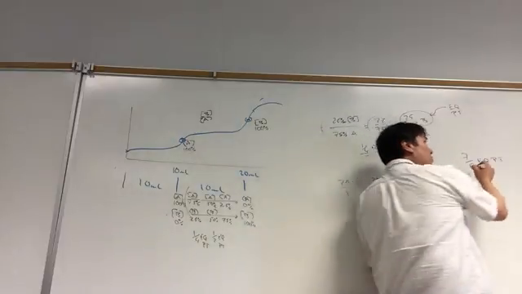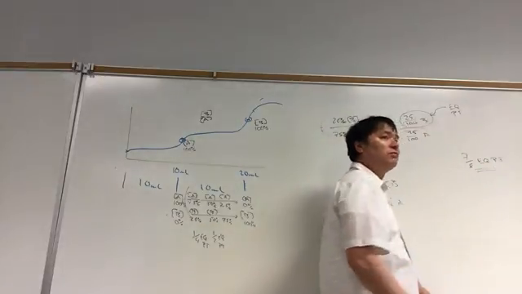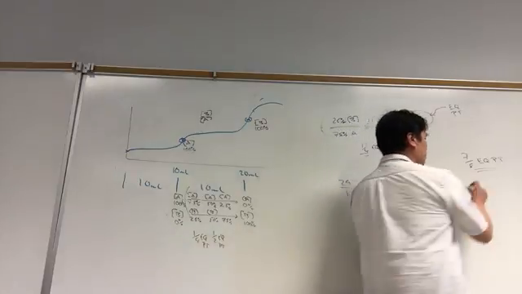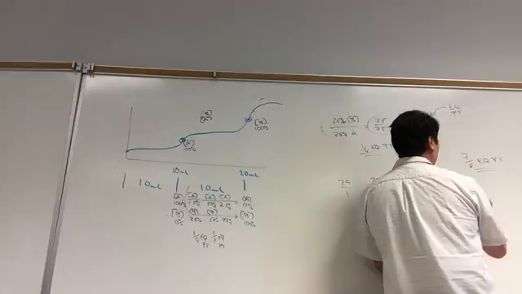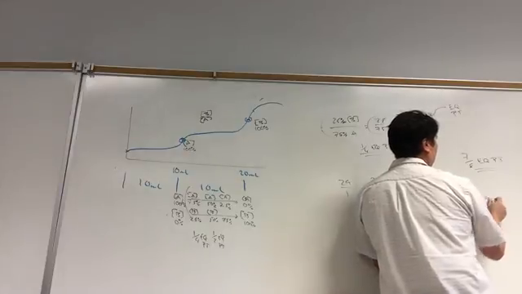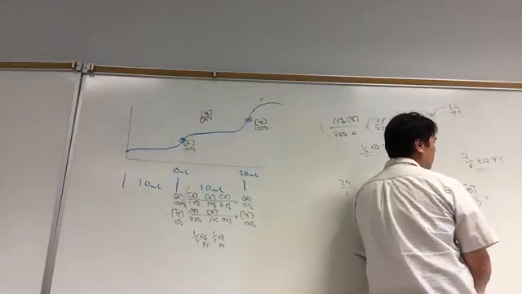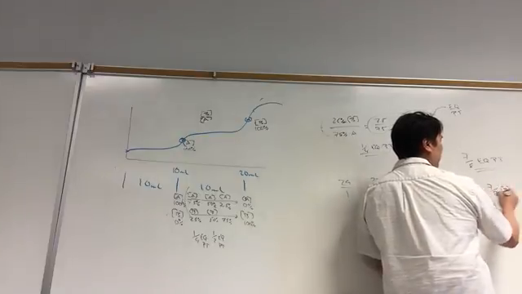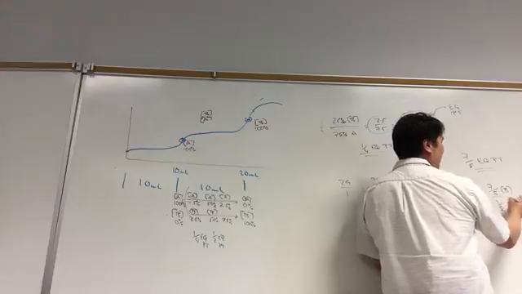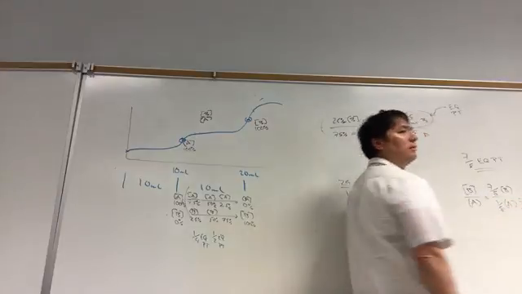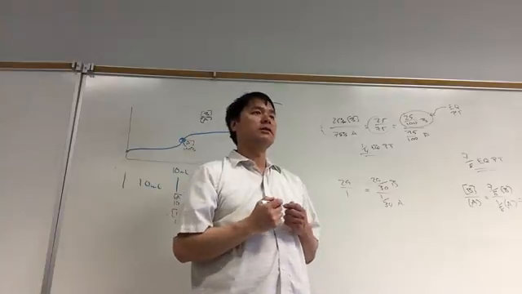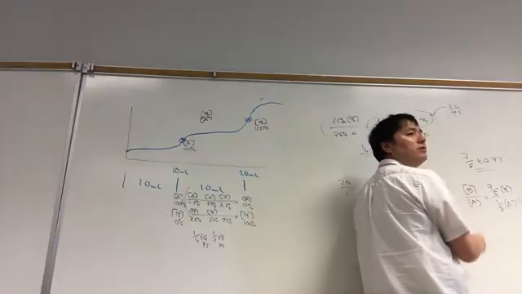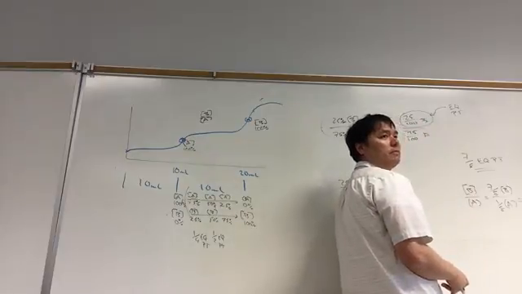If I'm at the 7/8 equivalence point, what is the ratio of base to acid? 7/8 is the ratio for the base, and 1/8 is the acid, and so this gives me a 7-to-1 ratio. So if I'm at the 7/8 equivalence point, I'm at a 7-to-1 ratio base to acid.